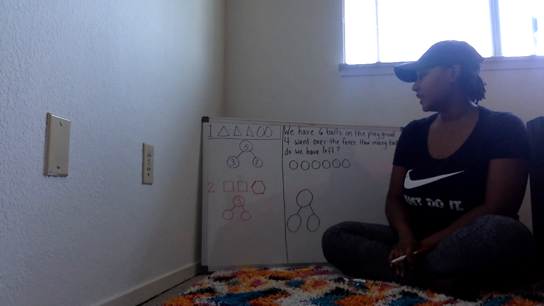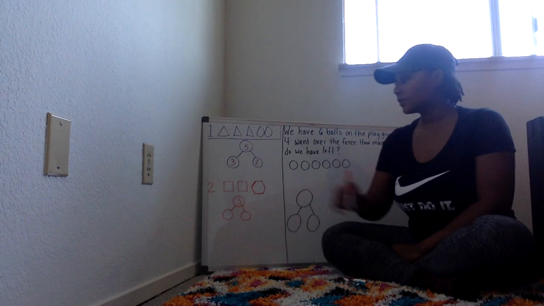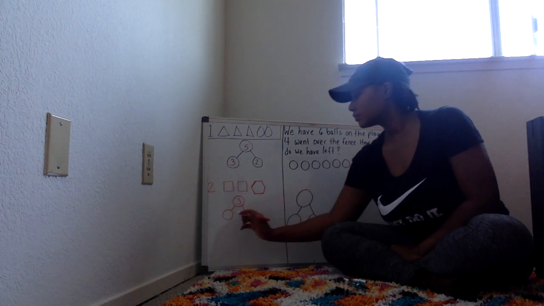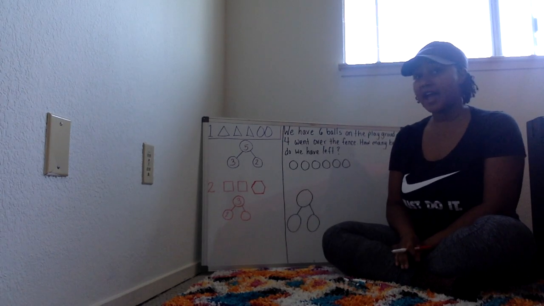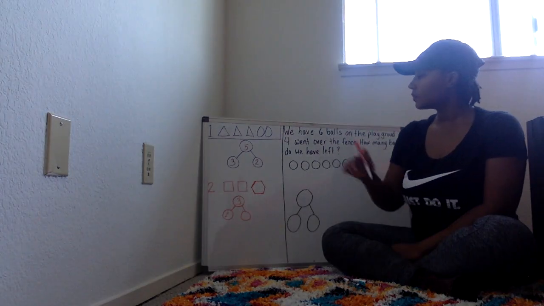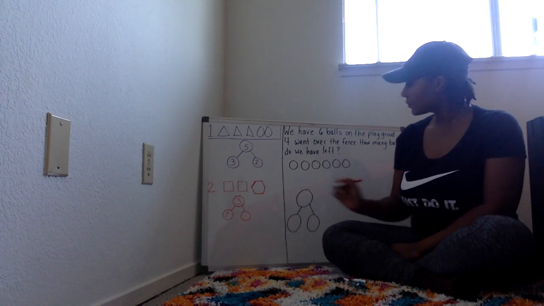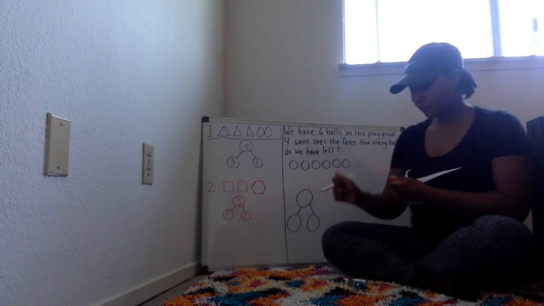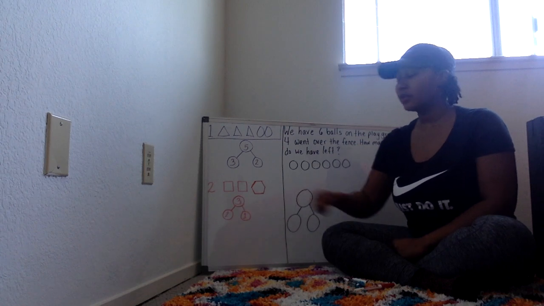Now I can fill in my 2 parts. In the first part, I'm going to write the number 2. 2 represents the 2 squares that I have. In my second part, I'm going to write the number 1. 1 represents the 1 hexagon that I have. 2 and 1 make 3.